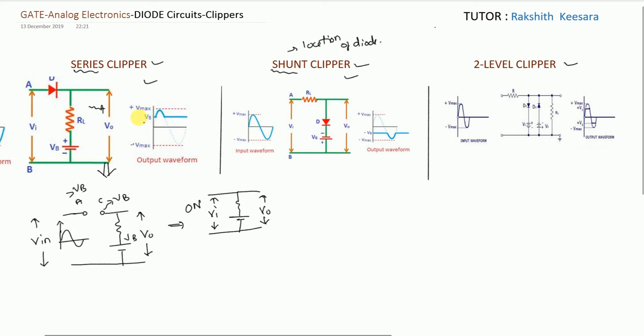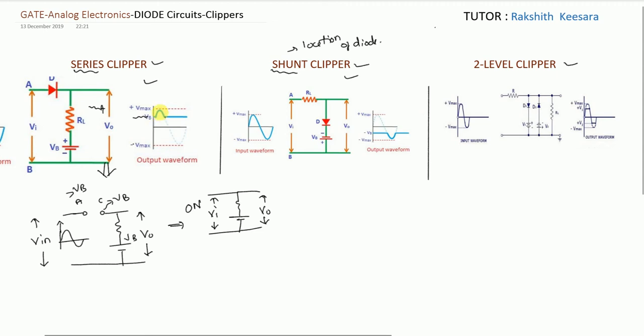Whenever the input voltage reaches VB, what will be the condition of diode? It will be in on state. So if the diode is in on state, what will be output voltage? It will be equal to input voltage. So from this point to this point, V input is greater than VB. So V output follows V input. This is the waveform above VB.